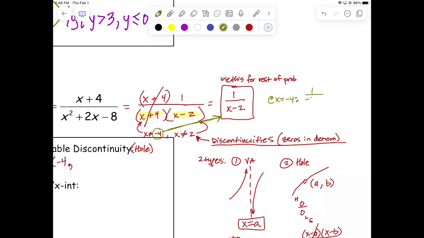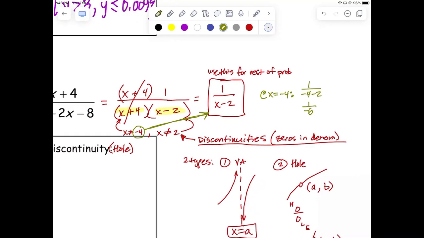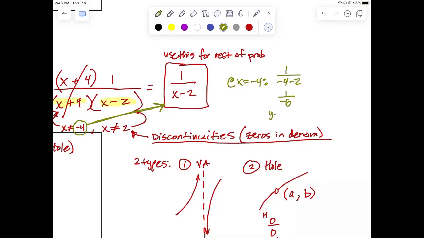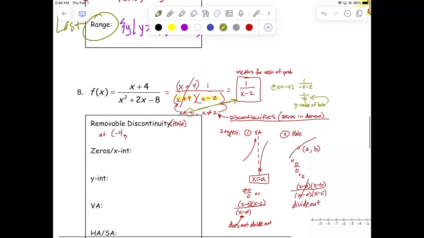We get 1 over -4 minus 2, which is 1 over -6. See what I did there? I factored, I divided out, and then I plugged it right back into what was left over, and that y value gives me the y value of the hole. So I can write it as -4, comma, -1/6.